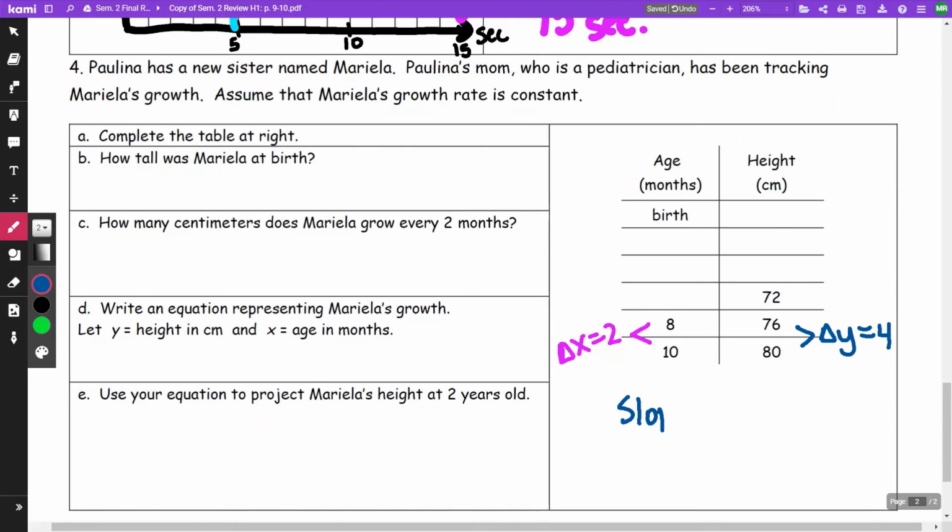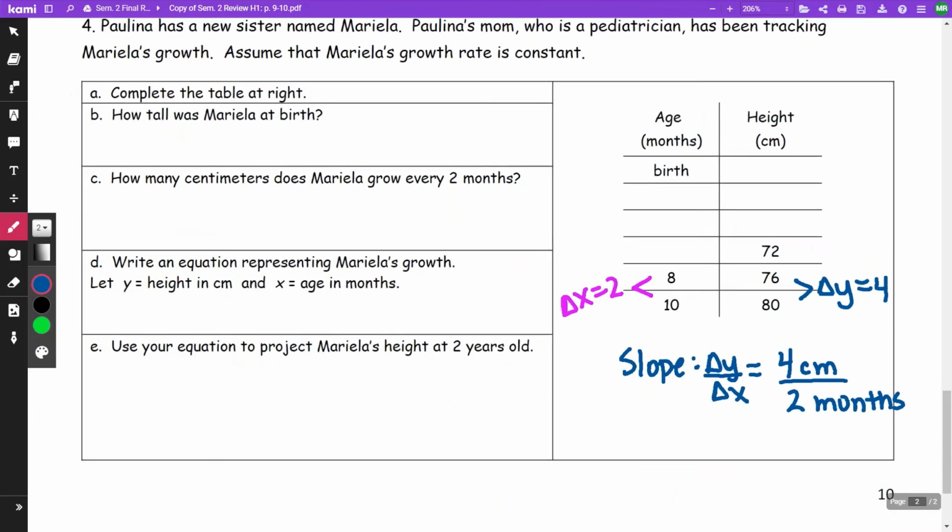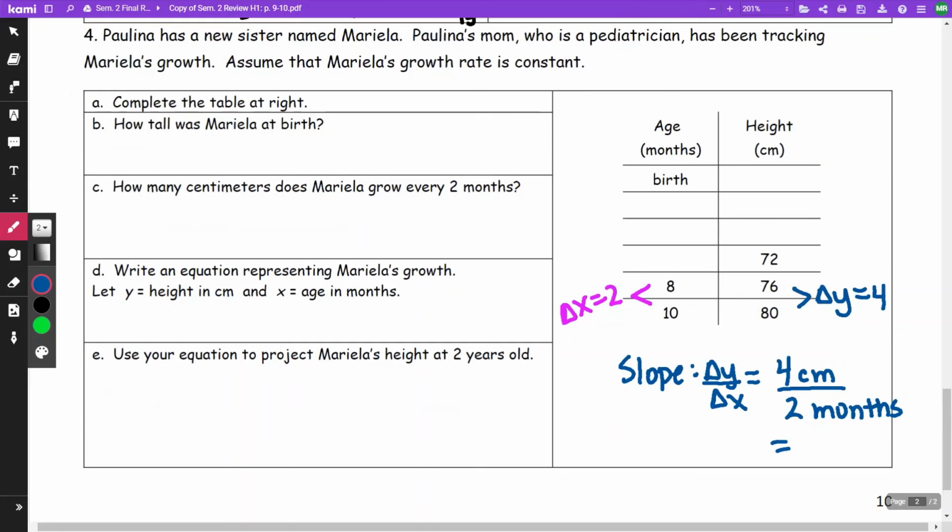Remember, slope is change of y over change of x. So our slope is 4 centimeters every 2 months. Now I can reduce that: 4 over 2 is 2 centimeters every 1 month.